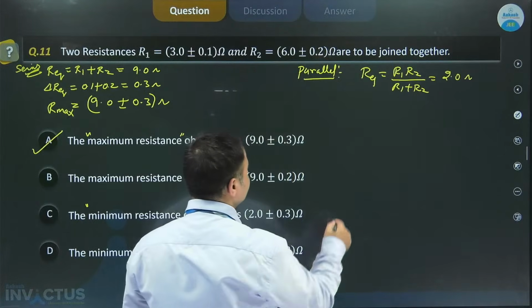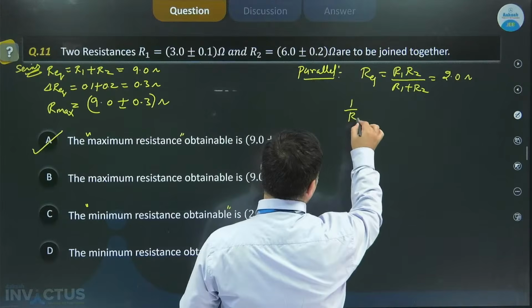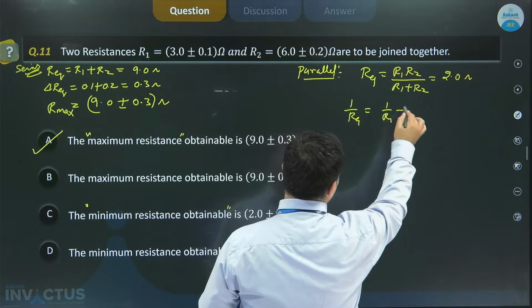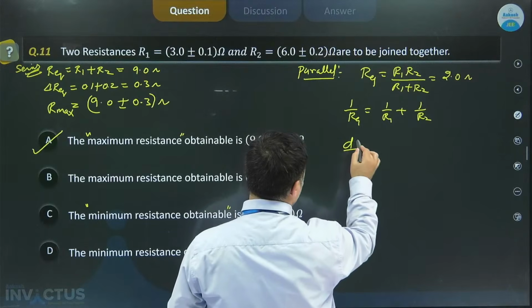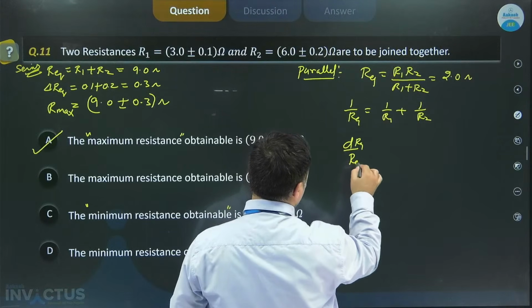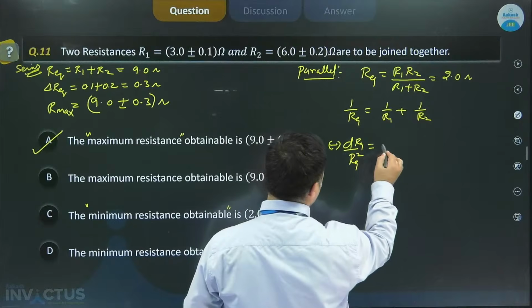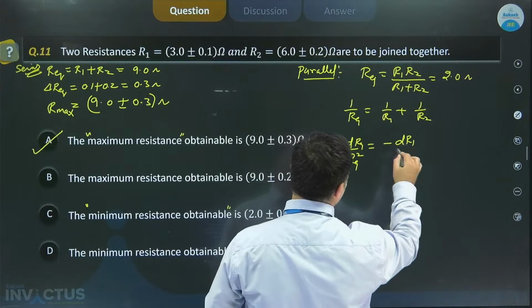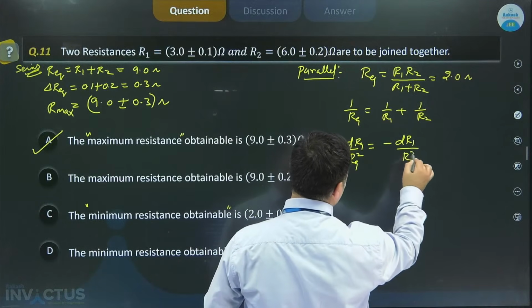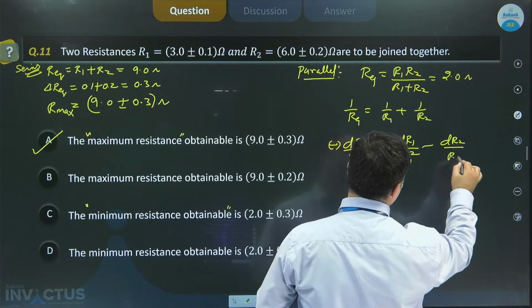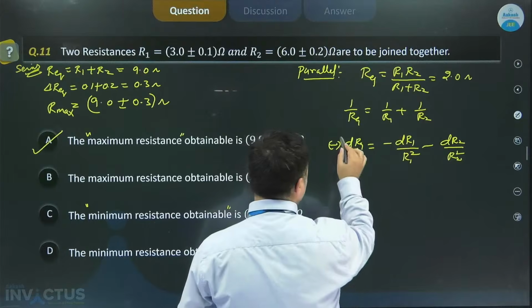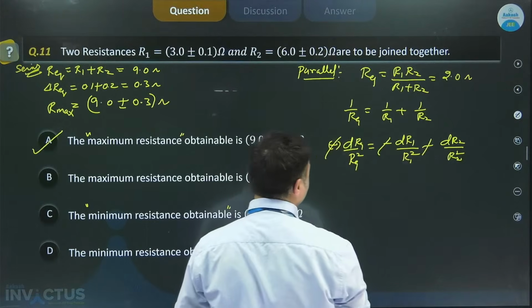Now for the error, 1 by R equivalent is equal to 1 by R1 plus 1 by R2. So differentiate this. dR equivalent upon R equivalent square is equal to minus dR1 upon R1 square minus dR2 upon R2 square. So these minus signs will be taken out.